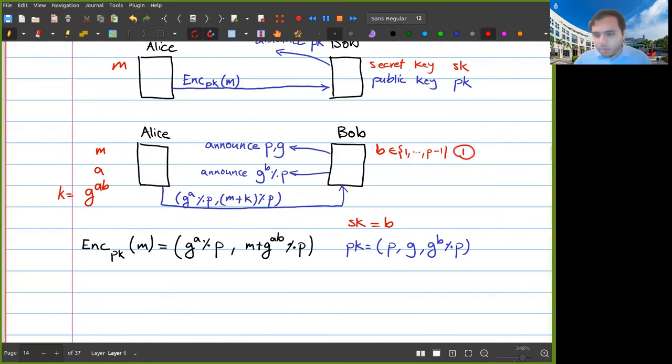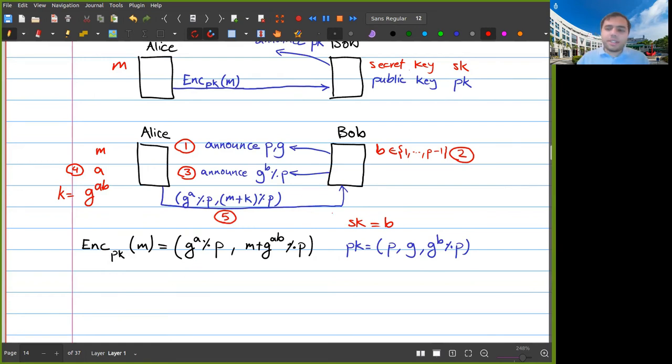First, Bob announces P and G. Then he chooses this number B. Then he announces G to the power of B. Then we have Alice, who computes all these things, so she chooses a number A. And then Alice sends over this message. So this is the fifth part of the protocol in order.